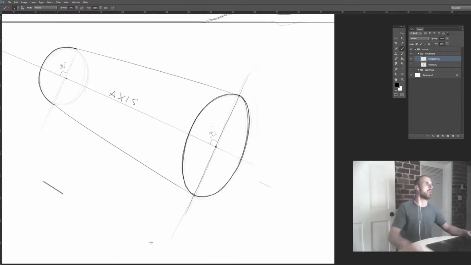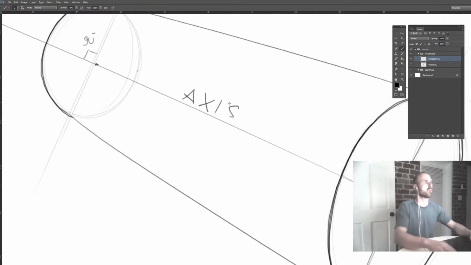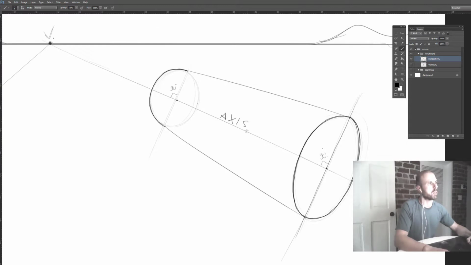Also, if you notice, I don't like to erase my lines, so I prefer to keep my mistakes. Sometimes mistakes can become interesting opportunities to design interesting things. I also want to sketch a couple of section lines in the middle of my cylinder, so I'm going to identify a couple of points, 90-degree lines like this, 90-degree lines like this.